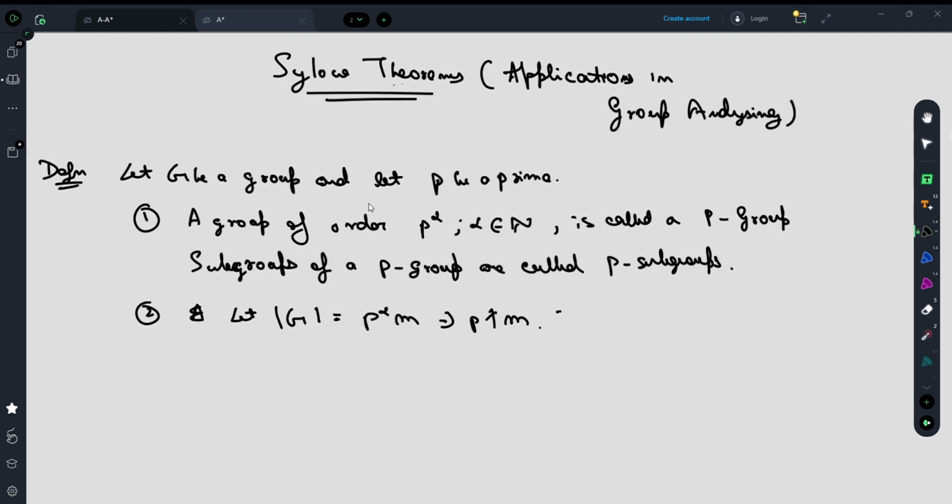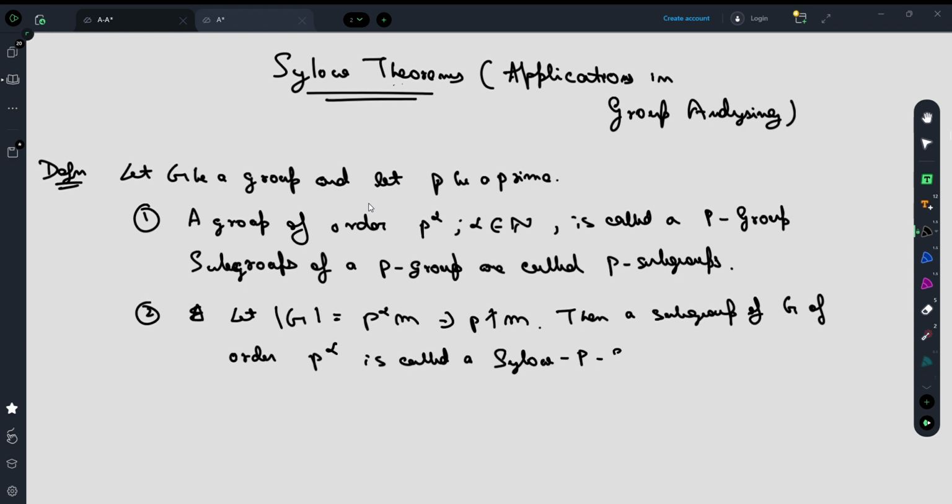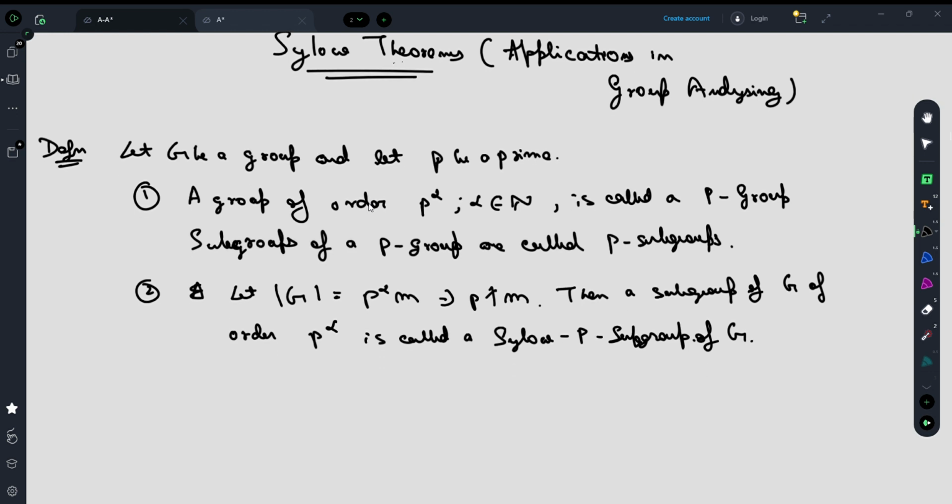Then a subgroup of G of order p to the power alpha is called a Sylow p subgroup of G.